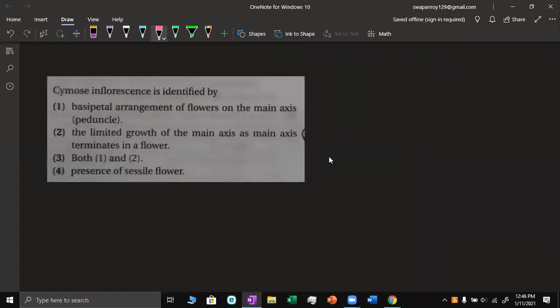Now come to the inflorescence. Cymose inflorescence is identified by... There are two types of inflorescence, I think you know: racemose and cymose.